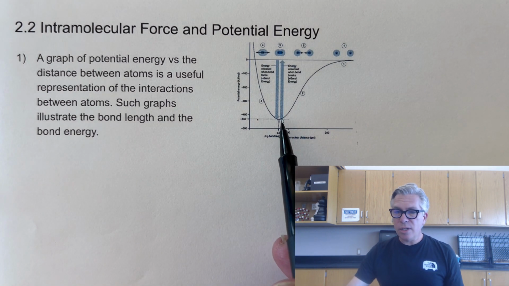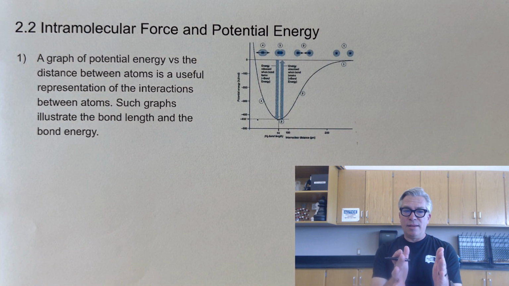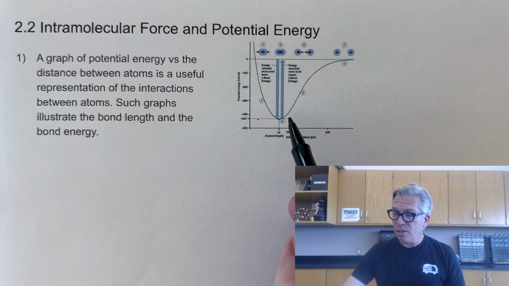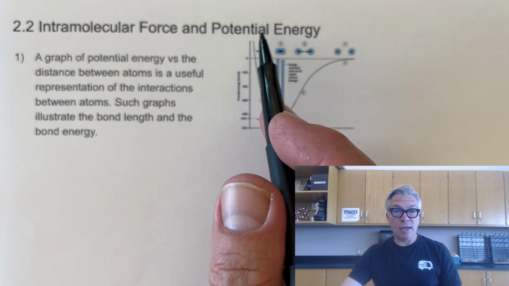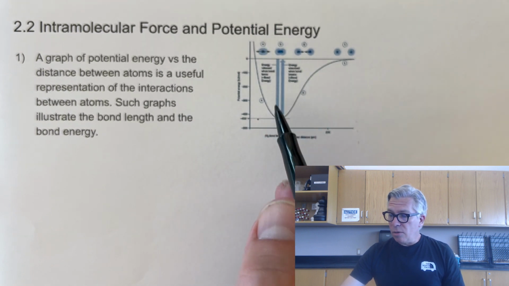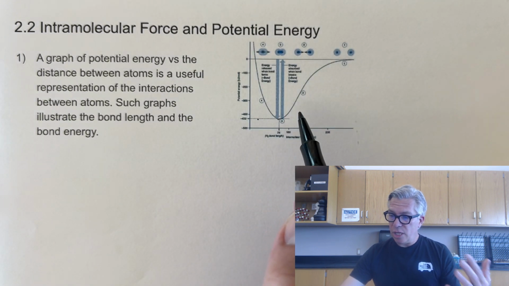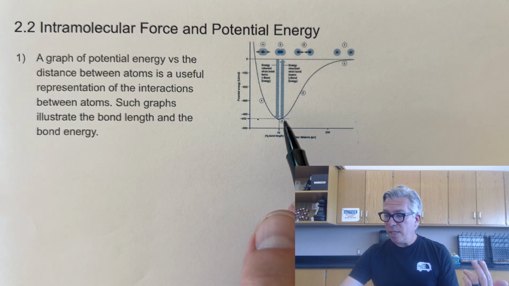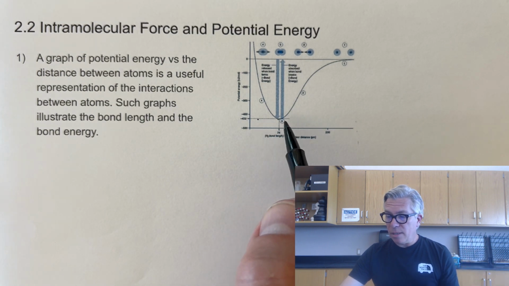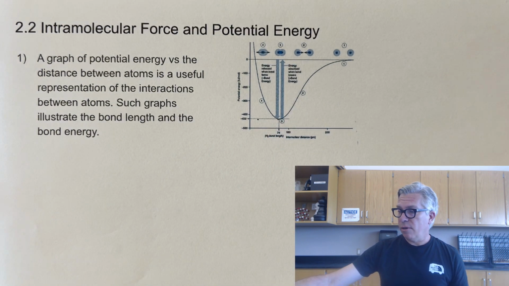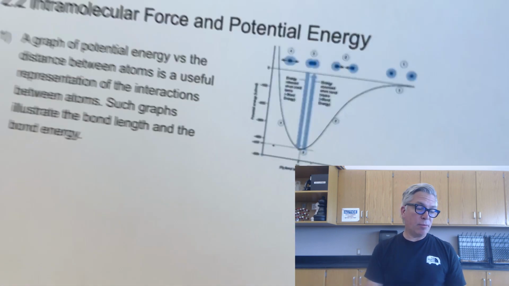If you push the nuclei too close to each other, they're not going to like that at all. They're going to repel each other a lot. And so it takes a lot of energy to do that. And so that's why the energy would have to go way, way, way up if they got even closer than that. So that's kind of the shape of that graph. Two useful pieces of information: the bond energy and the bond length can be determined from a chart like that. Again, you're pretty much guaranteed to see one of those on an AP exam.